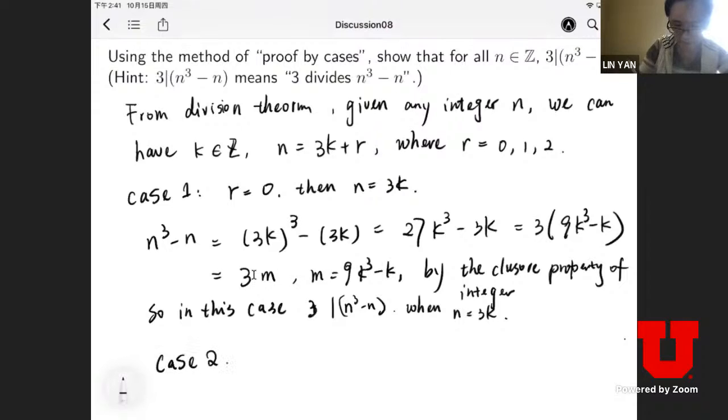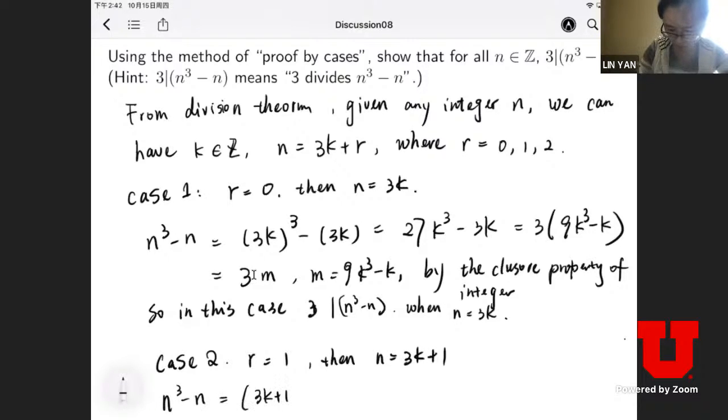In the second case, r is equal to 1, then n is equal to 3k plus 1. Then n cubed minus n is equal to 3k plus 1 cubed minus 3k.